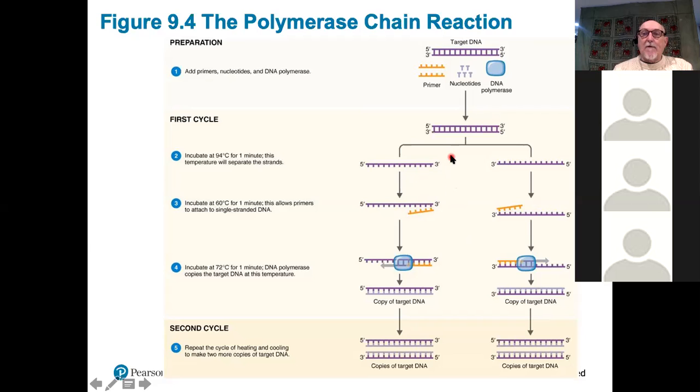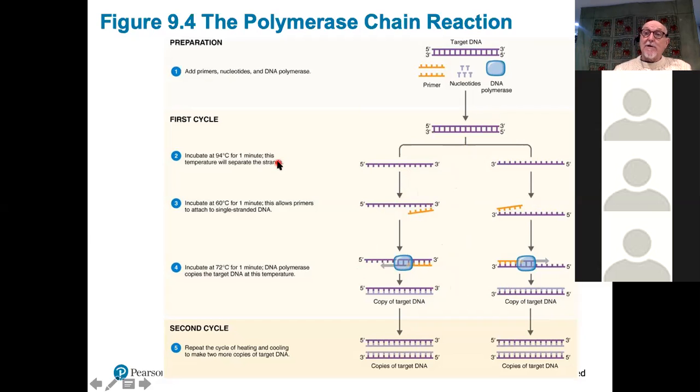In this simple cycle, 94 degrees, 60 degrees, 72 degrees, denaturing, annealing the primer, and then replication, we end up with 2 strands of DNA where we had one before. Now, all we do the same thing all over again. We run another cycle.